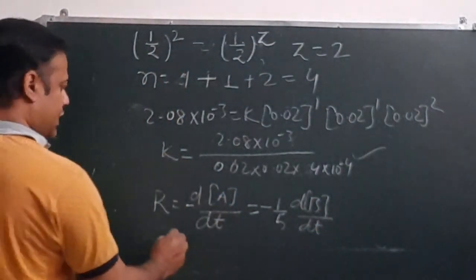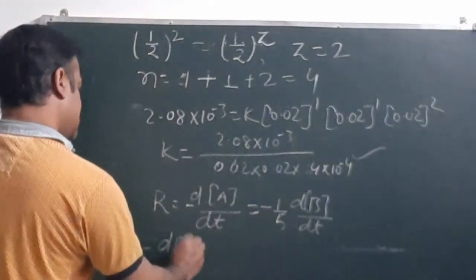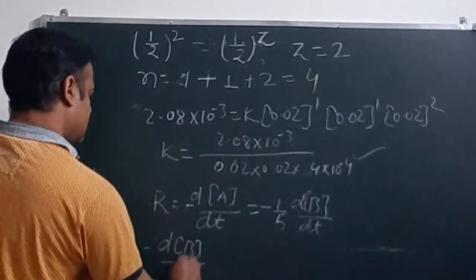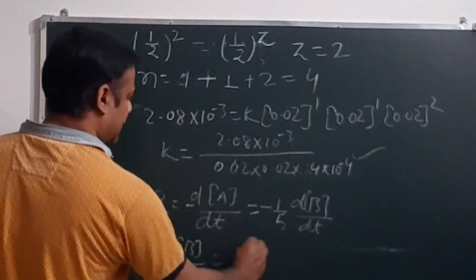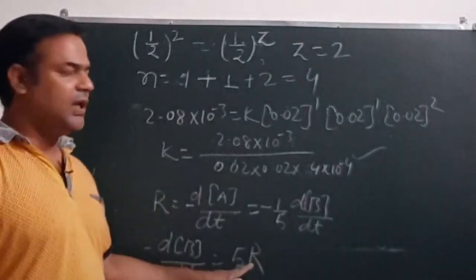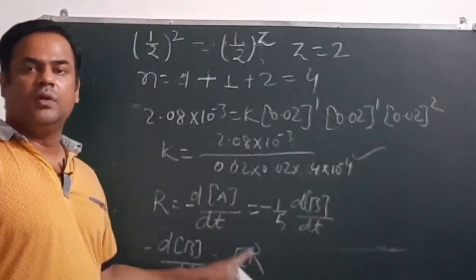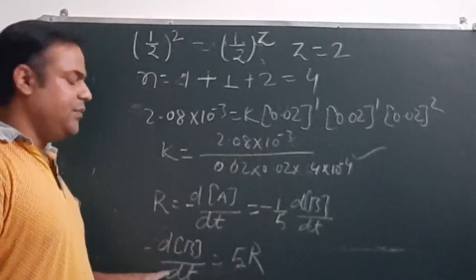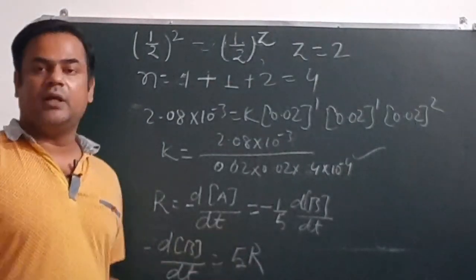So from here we can write minus dB by dt will be equal to 5R, and this R rate value is given in the experimental data. So from here we can determine dB by dt, and similarly we can determine dC by dt.